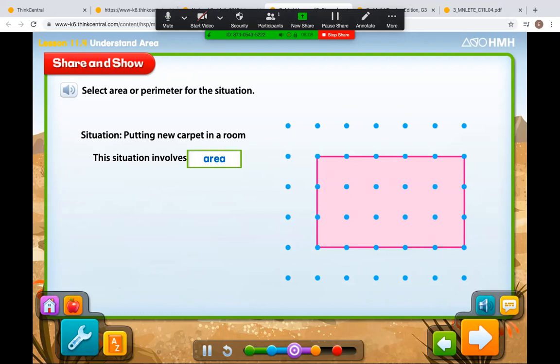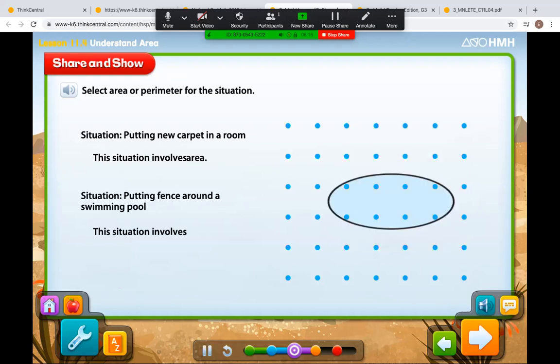Area is the space inside a figure. You need to know the space inside the entire room to cover the floor. Suppose you want to put a fence around a swimming pool. Do you need to know the area or perimeter of the swimming pool? The key word in this question is the word around.